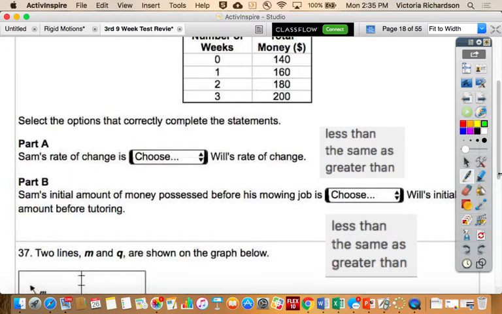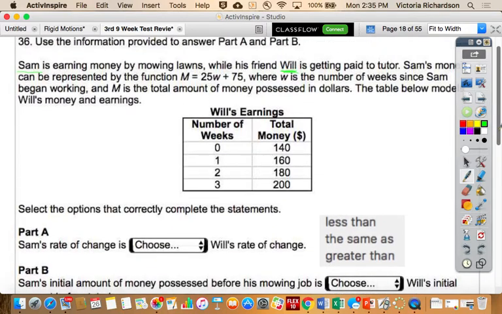So we're looking at rate of change. That is change in y over change in x. The rate of change for Sam is 25, and the rate of change for Will is 20. So Sam's rate of change is greater than Will's.